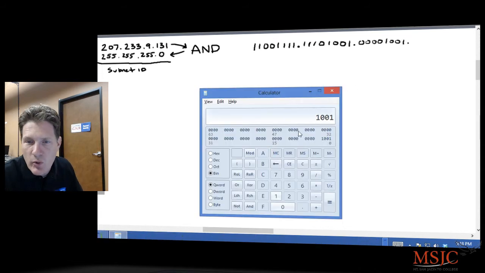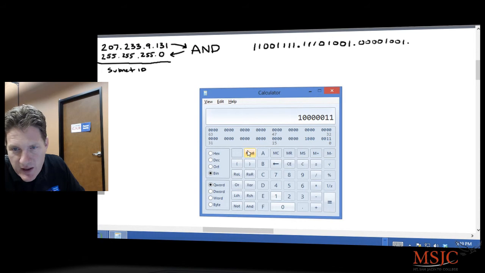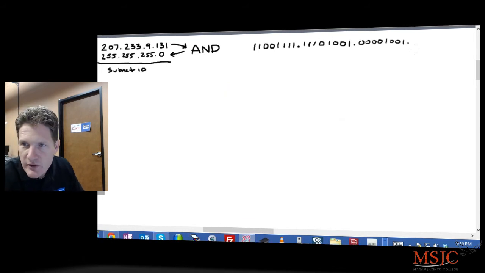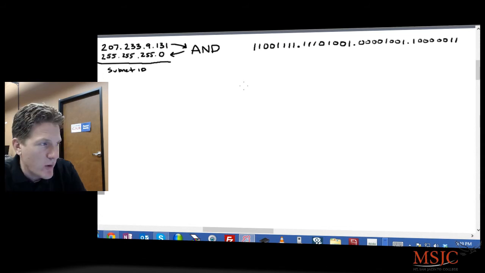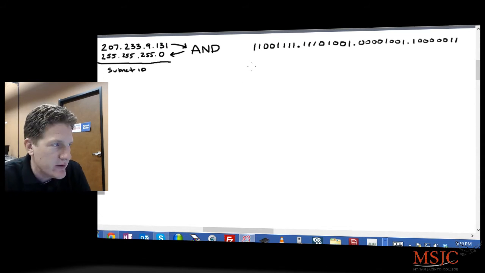And then 131. I'm going to type 131, and go to binary, and in this case, it's 1 with 5 zeros and 2 ones. So 10000011. So that is the binary equivalent of the IP address 207.233.9.131.